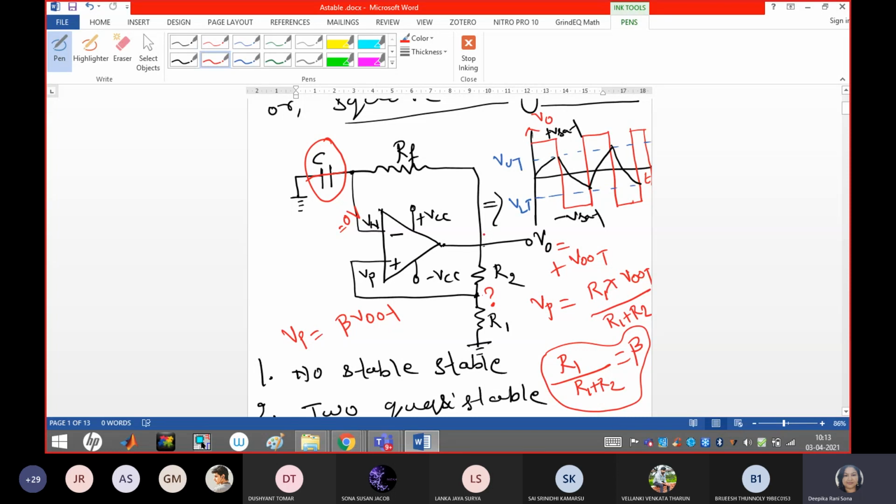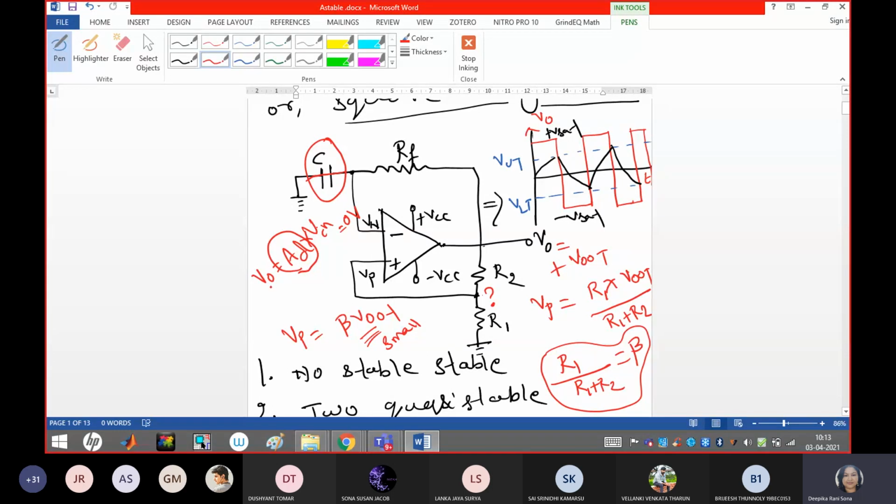So now suppose I will write the output equation. Gain into V in, right? Now my voltage is 0 at here, and here Vp is beta VOOT, right? So even though it is a very small quantity, the gain value is very high.